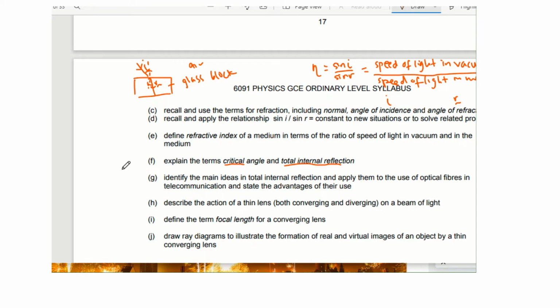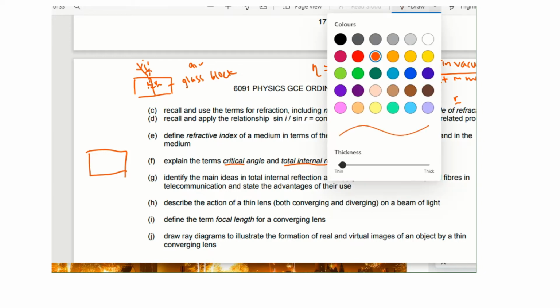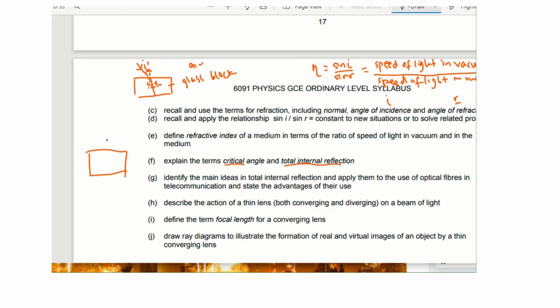Okay, so maybe let me change the color as well to maybe blue. Okay, so let's assume that this is the critical angle.